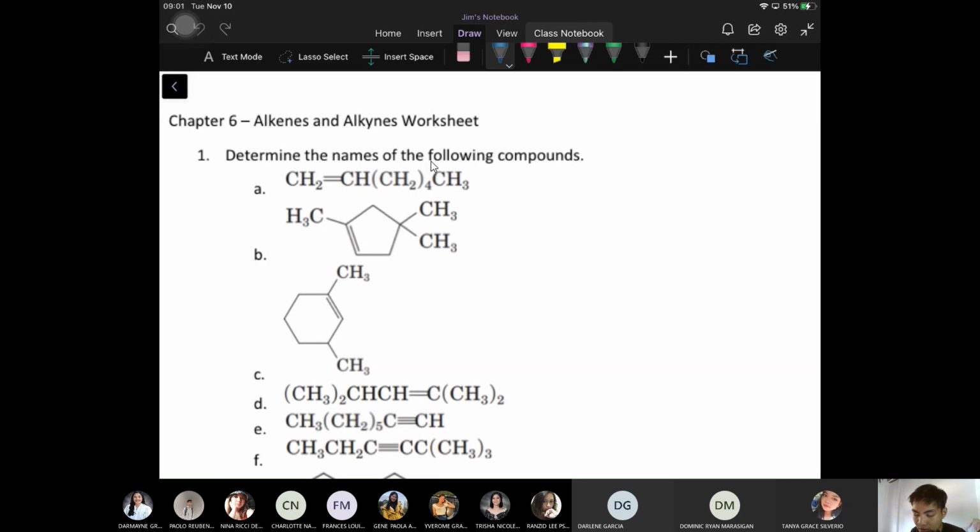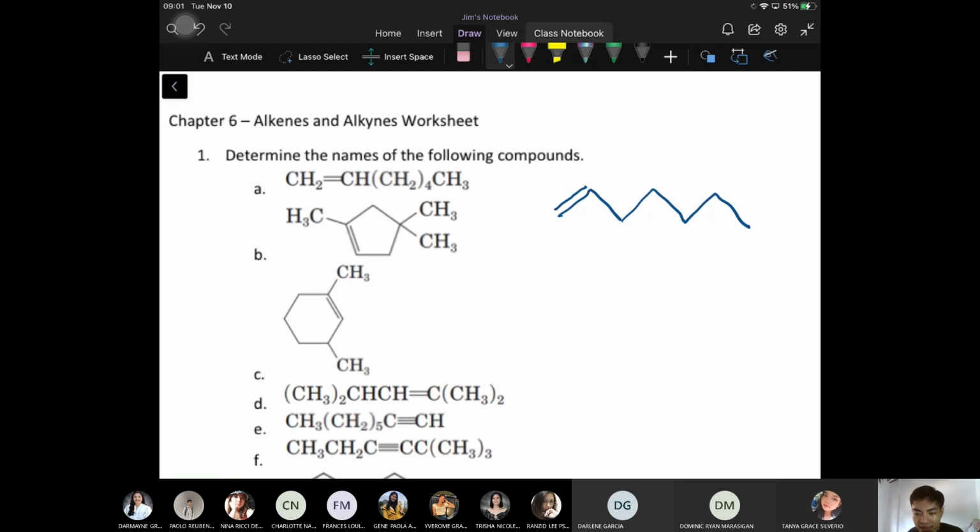So, this is 7 carbons. 1, 2, 3, 4, 5, 6, 7. Then, tignan nyo, nasan yung double bond between carbon 1 and carbon 2. So, this is my carbon 1, this is my carbon 2. I can place my double bond here. Okay? So, yan yung itsura niya.